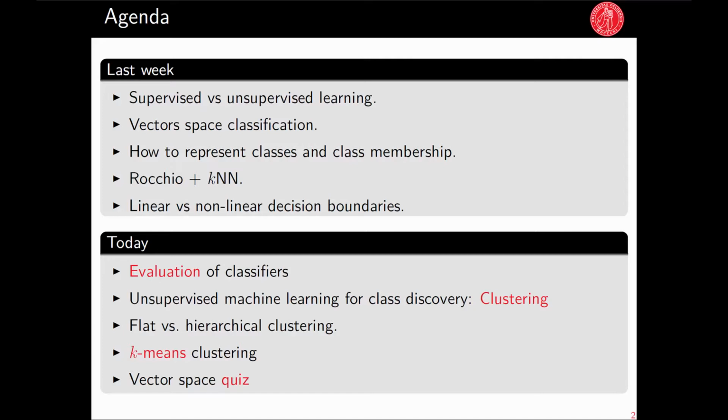Okay, and we'll talk about the difference between flat clustering and hierarchical clustering, and we'll mostly be dealing with so-called flat clustering today, and hierarchical clustering will mostly be the topic of the next lecture again. And somewhere in between here we'll have time for a quick vector space quiz to see how much has stuck from the last two lectures.